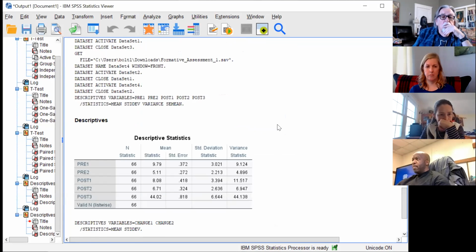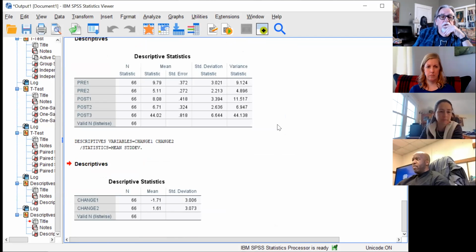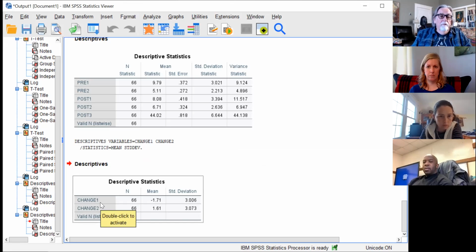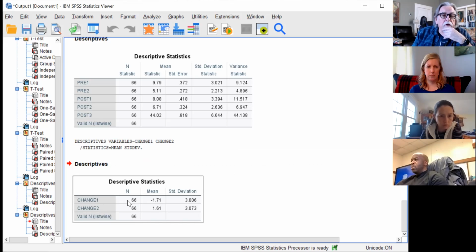So should be back. Are you seeing the outcomes of those descriptive statistics? Okay. So as you know, the middle 95 percent is represented by the mean plus or minus 2 standard deviation units.